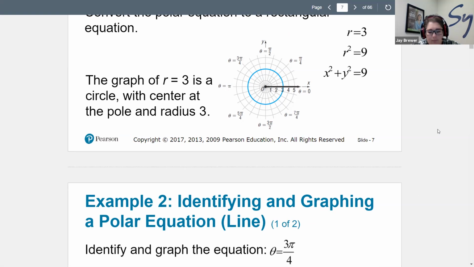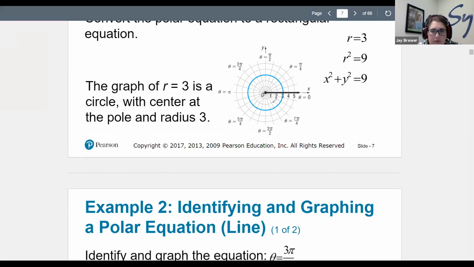What do you think? What did we use before? What trig tool did we use before to get theta? Tangent. Yeah, we did tangent.